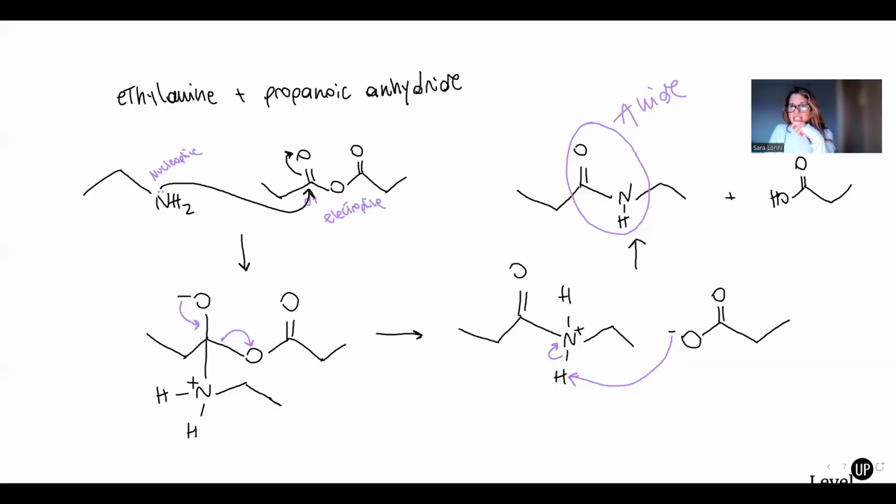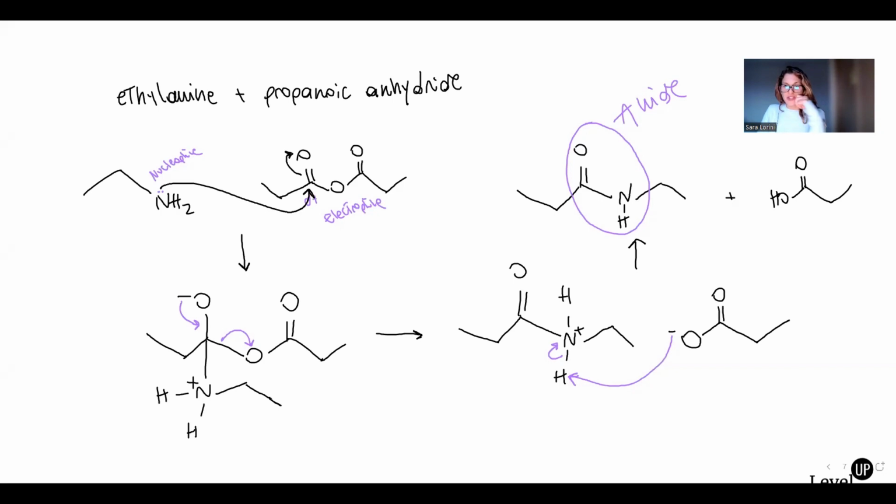And this is another nice example of those addition eliminations, also called condensation, actually, because you can see we have two small molecules that come together to form a larger molecule with the loss of another molecule. So let's always think about functional groups, always at the end, back to the basics of nucleophile, electrophile. Very, very important.